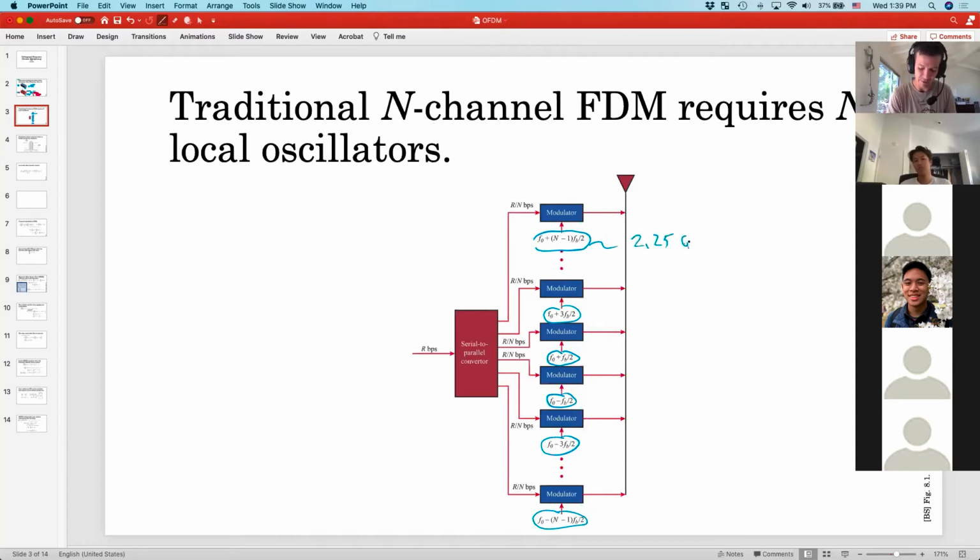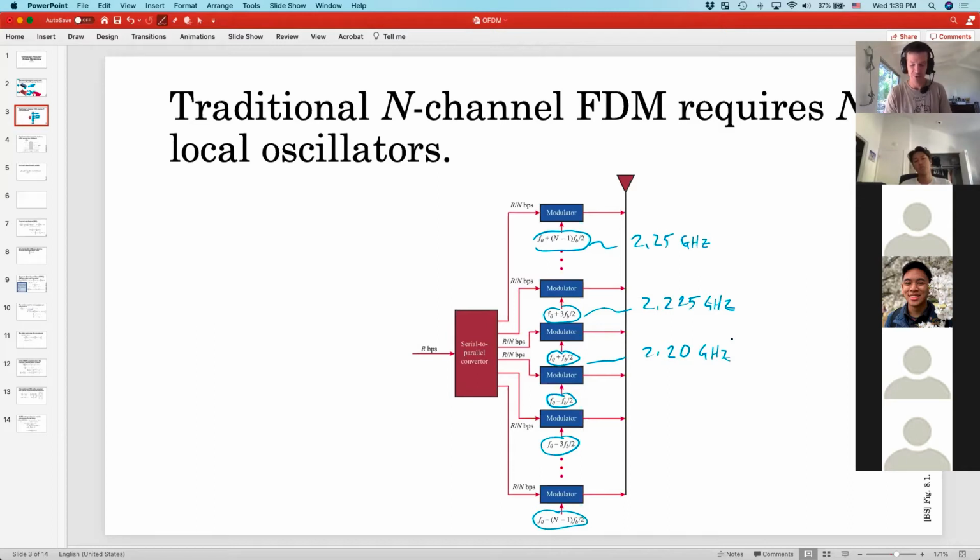So if I want this to be, I don't know, 2.25 gigahertz and 2.225 gigahertz, and so on, just spacing down here by a couple hundred megahertz each, 2.0 gigahertz. Then we start to, like, if you have a lot of these, you start to have problems with just space. Like these local oscillators take up space and their own timing details.